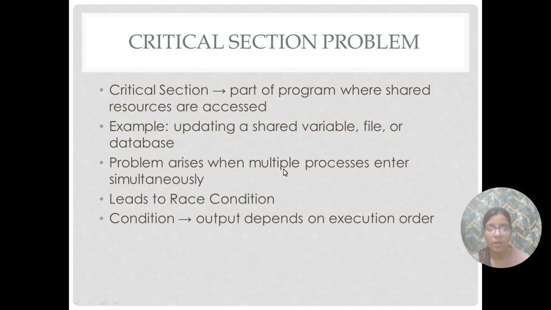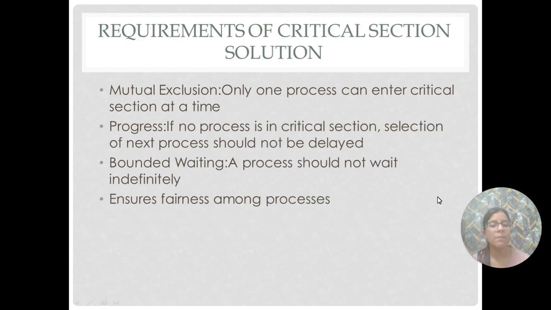Next, we are going to discuss the requirements of a critical section solution. There are three requirements: mutual exclusion, progress and bounded waiting. Mutual exclusion says that only one process can enter at a time.